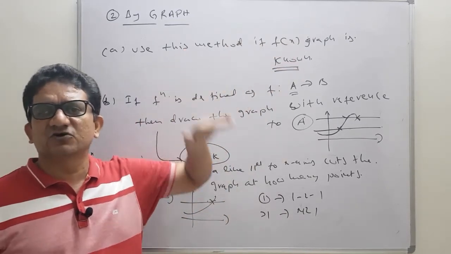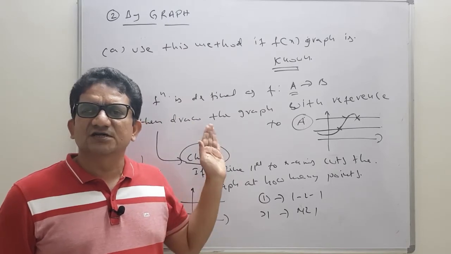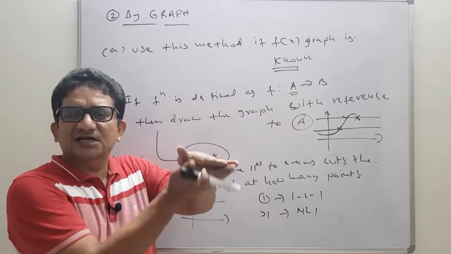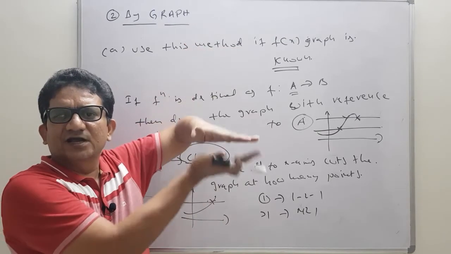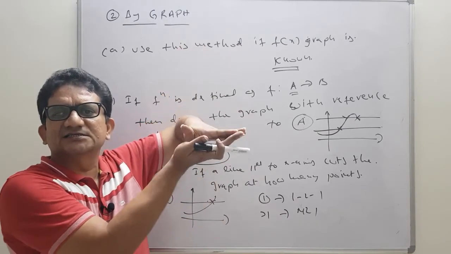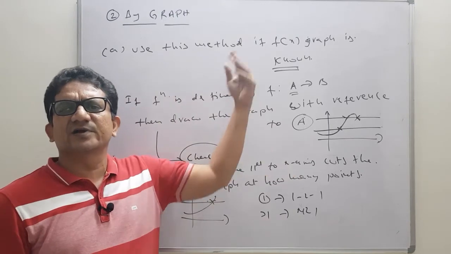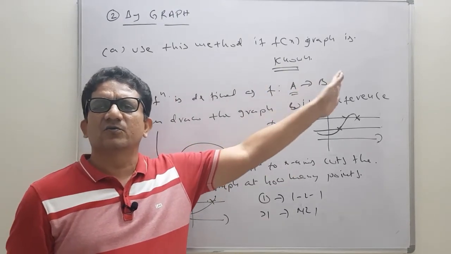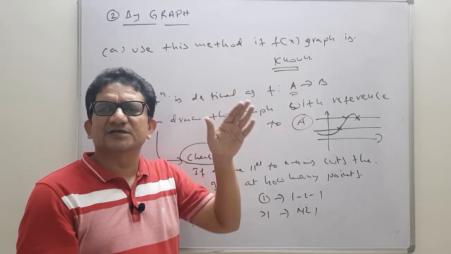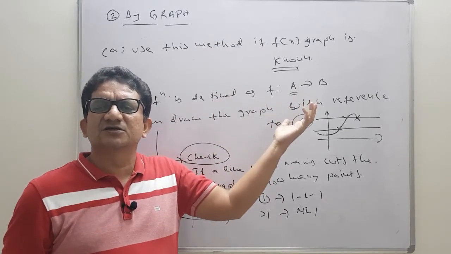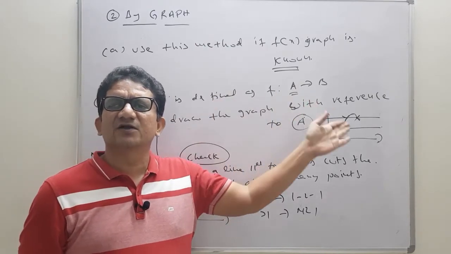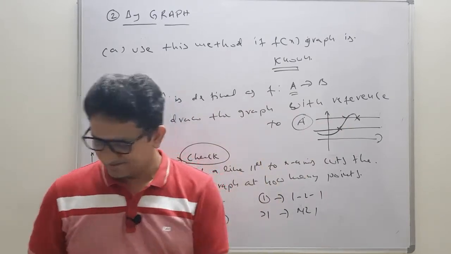Graphically also, once the graph is done, we check along the y-axis. Whatever values exist along the y-axis are considered the range, and we compare that range with the codomain. If graphically it is not possible, we have many other methods to find the range. Find the range by that method and compare it with the codomain.